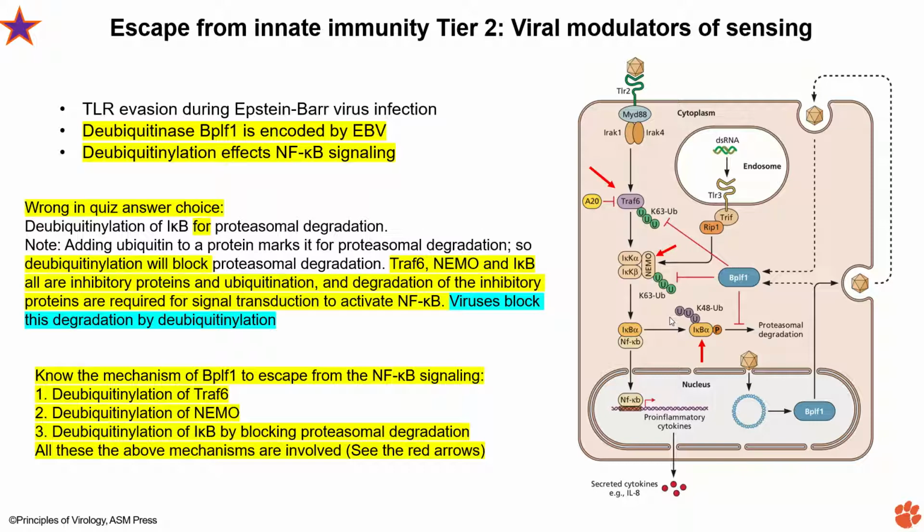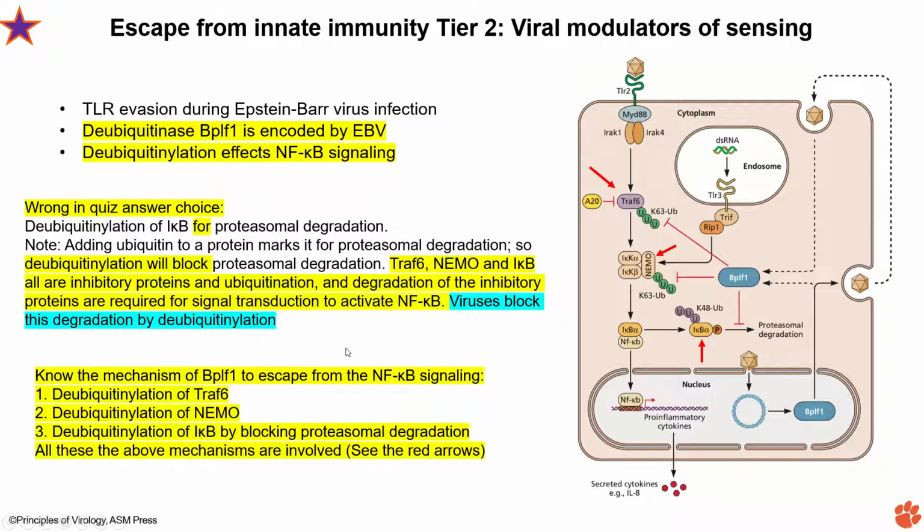So what's happening is that upon viral detection, as the cell adds the ubiquitin to these proteins, they are degraded. That means that pathway will be operating and the NF kappa B will be released out of this I kappa B and it will translocate into the nucleus for the gene expression, and these cytokines are going to be produced.